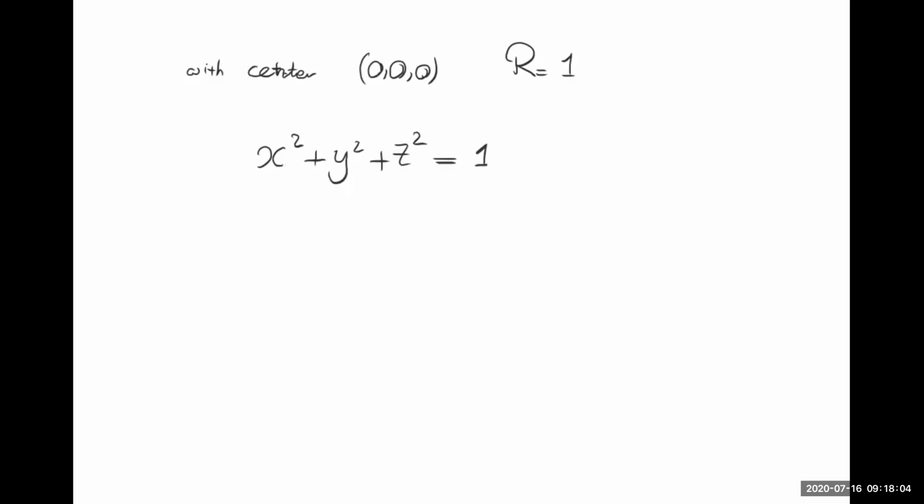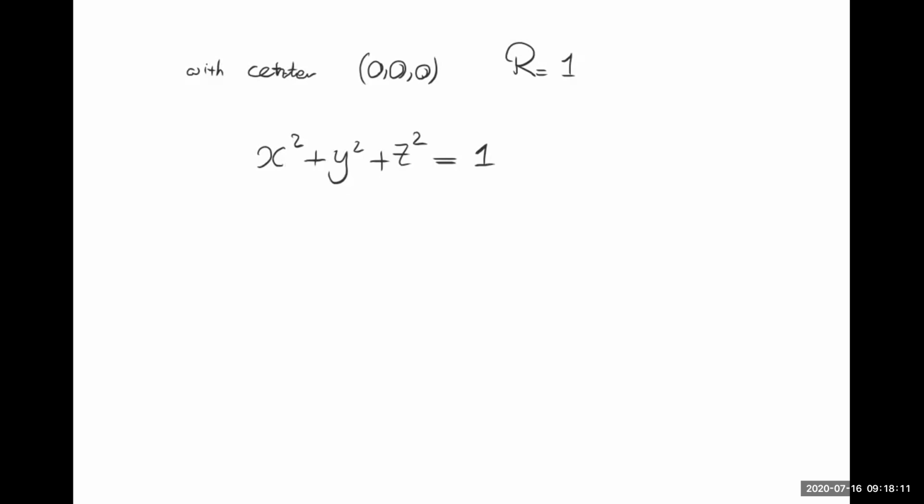Let's suppose, for simplicity, we are looking at a sphere with center at the origin. So the center is 0, 0, 0, and say the radius is 1. Okay, so the equation would be x squared plus y squared plus z squared equals 1, right? That would be the equation of a sphere around the origin with radius 1, okay?